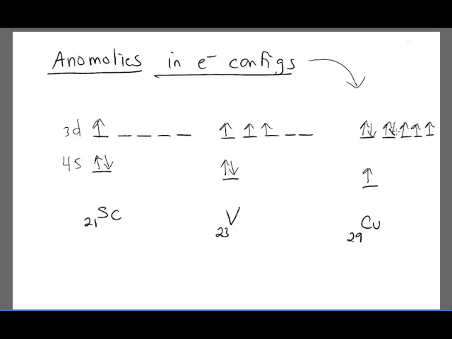And the reason it does this is because it gains some stability by completely filling this d orbital. So instead of putting 2 electrons down here and 9 up here, it puts 1 and 10. And that gives it a little bit of stability. So that's one of the anomalies, and there's others very similar to this.